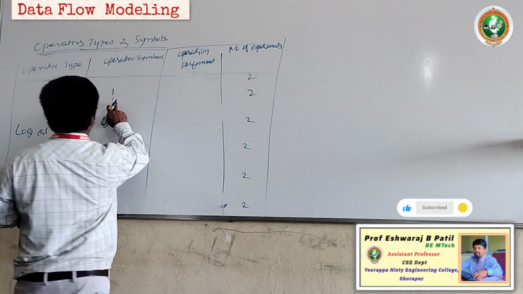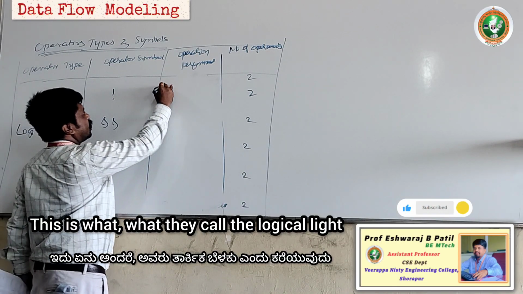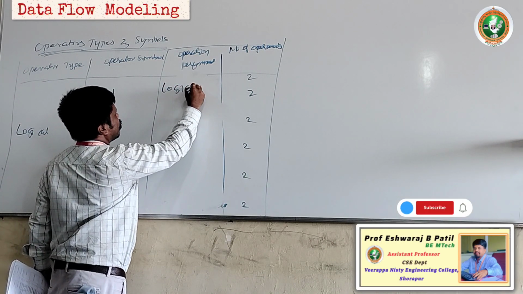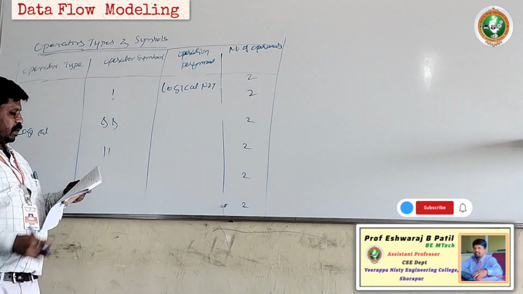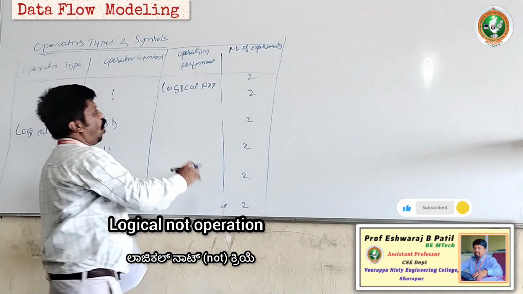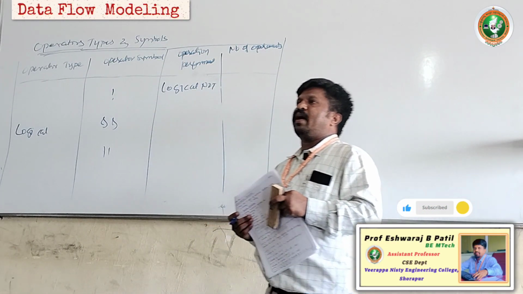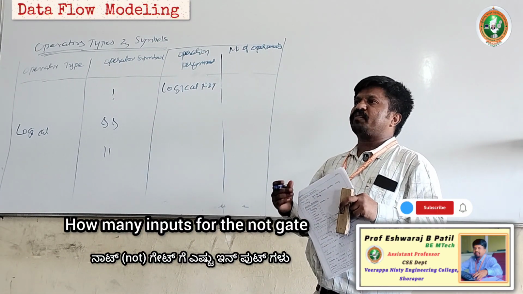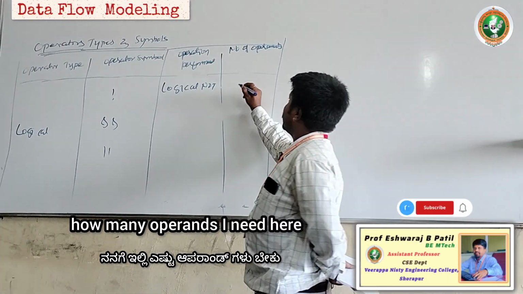This is for the NOT gate purpose. This is what they call the logical NOT operation. How many operands do I need here for a NOT gate? How many inputs for the NOT gate?